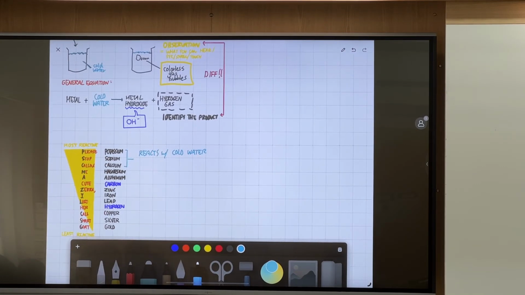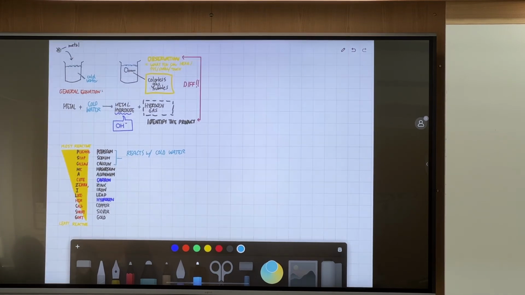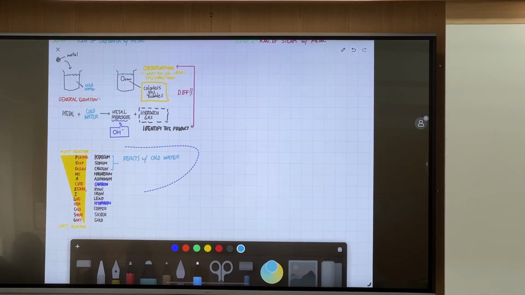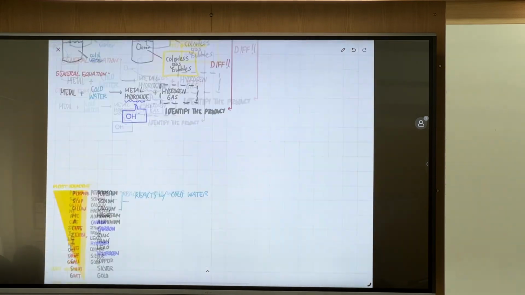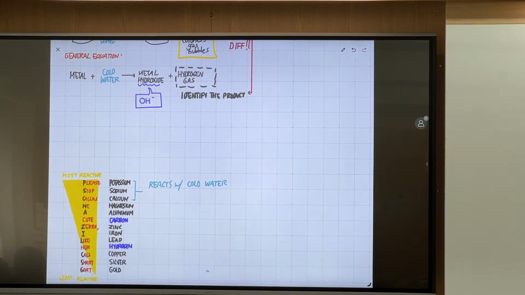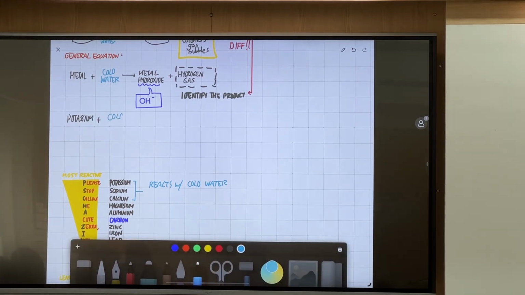So with potassium, can you tell me what equation you should write? Potassium plus cold water. Let's put potassium here. Potassium plus cold water will give which type of hydroxide? Potassium hydroxide, right? Because metal reacts with cold water to form metal hydroxide.